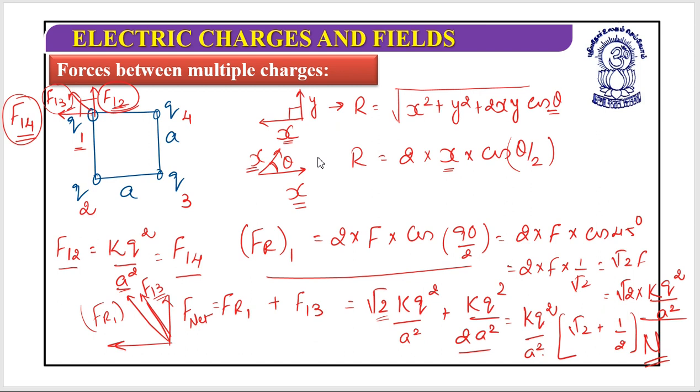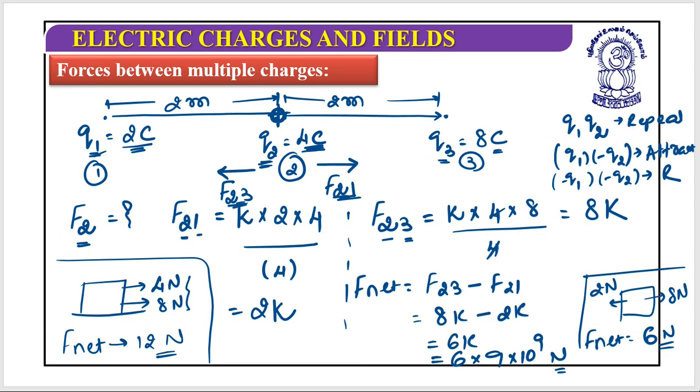Okay, so we stop this class at this point of time, but what you need to do is this. In this numerical, I have found the force on the second charge. As homework, for practice, you need to calculate the force on the first and the force on the third. Yes, please do it. This is very helpful.